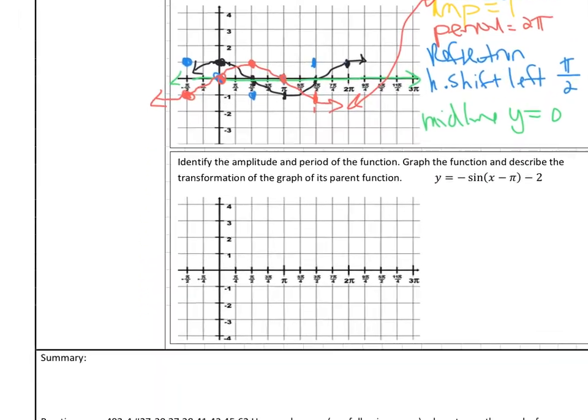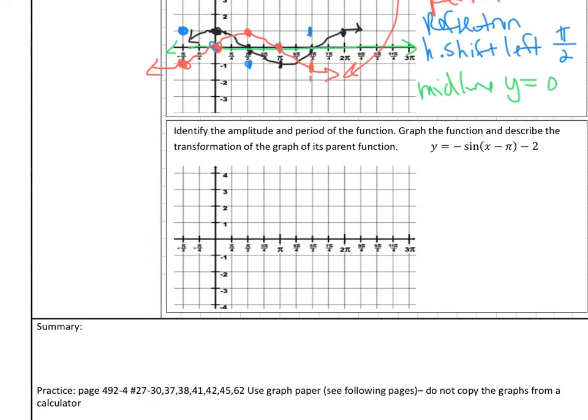Look at another one. This one's the most fun of all of them because we have 3 things going on. We have a reflection, we have a shift to the right, and then we have a shift down. So way more exciting than the rest. We're going to start with our amplitude, which we again have amplitude of 1.